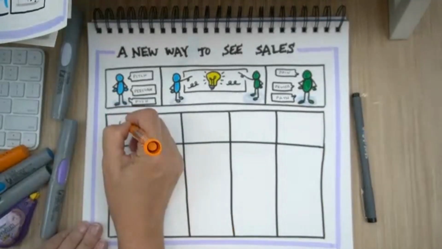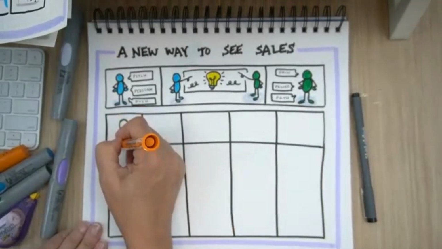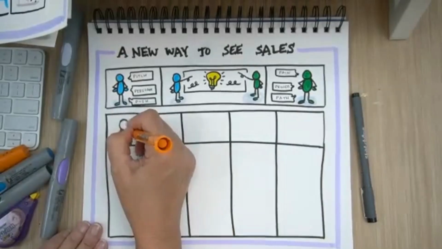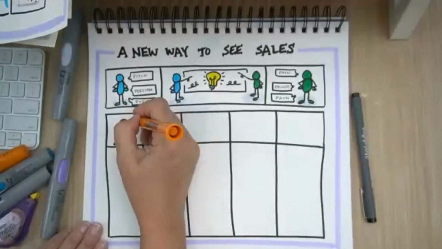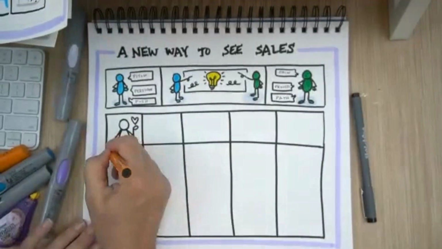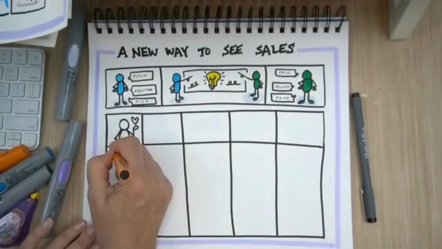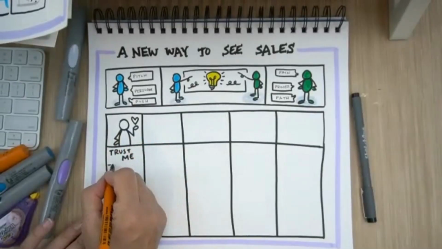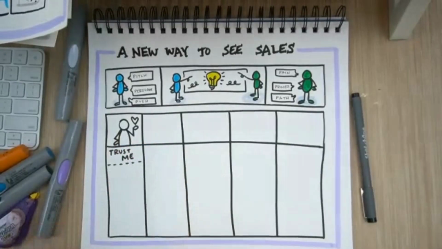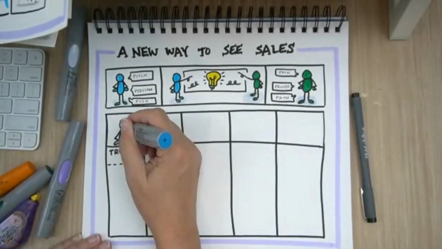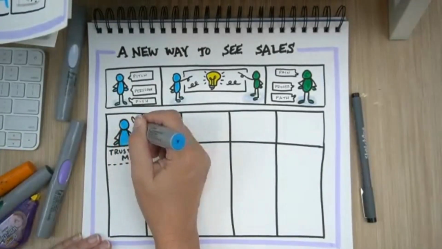The first part of this concept is you are trying to primarily build trust. Let's color in our little client, or this is ourself. Color in ourself.